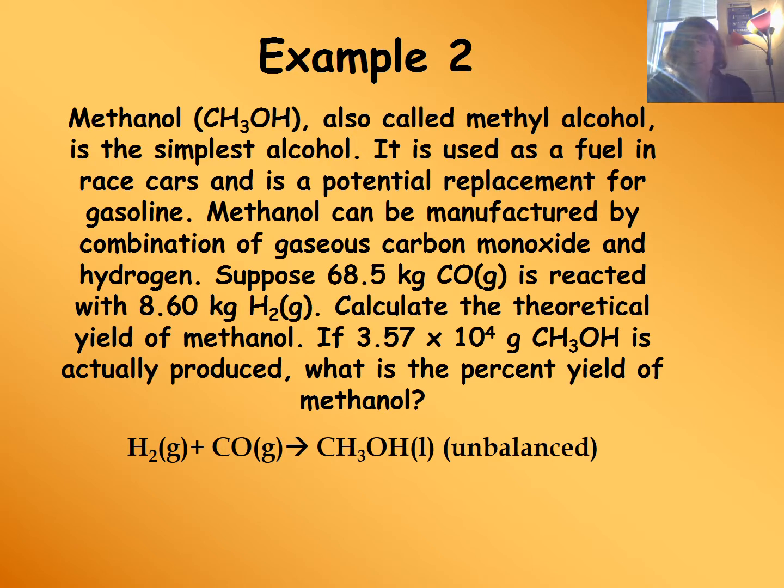So suppose 68.5 kilograms of CO is reacted with 8.60 kilograms of H2. If 3.7 times 10 to the 4th grams of CH3OH methanol was actually produced, what is the percent yield of methanol?